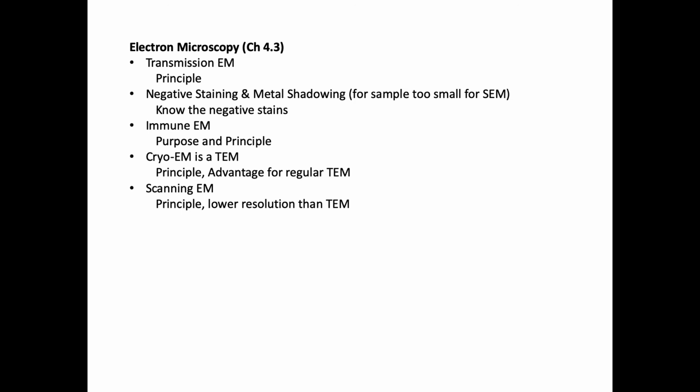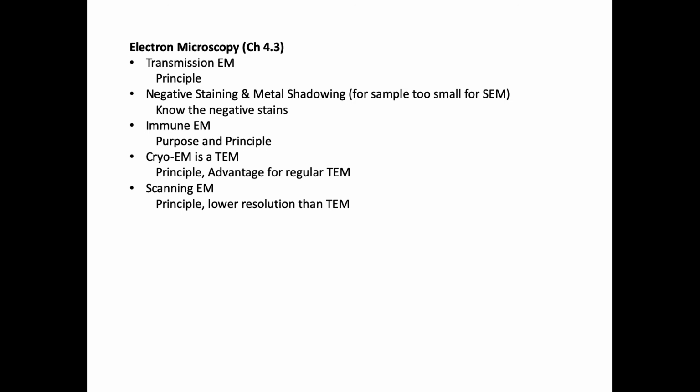I don't think that I'm going to ask these questions. This is just an overview. The picture of metal shadowing is a poliovirus, which is 30 nanometers in diameter. That is too small to be visualized with a scanning electron microscope. You cannot visualize that properly. That's the reason you are using the transmission electron microscope.